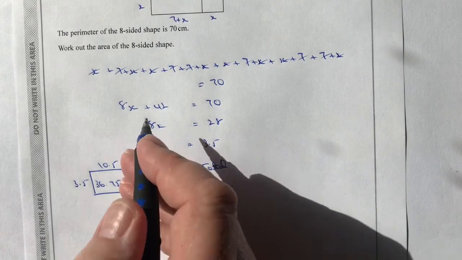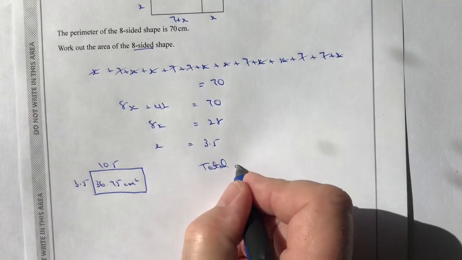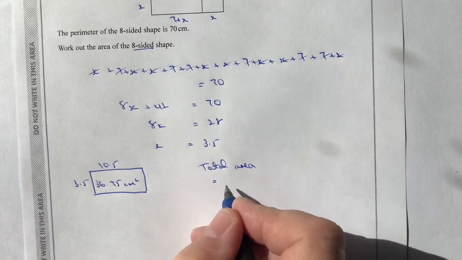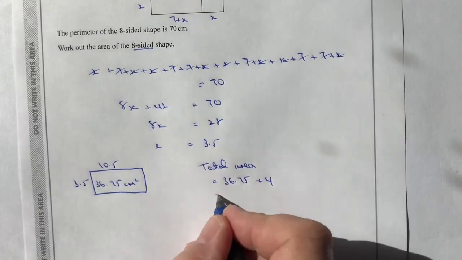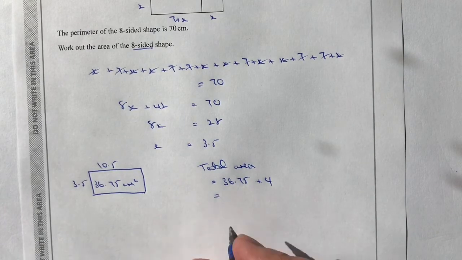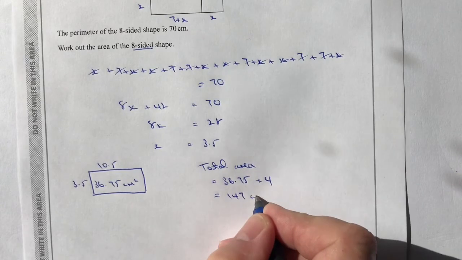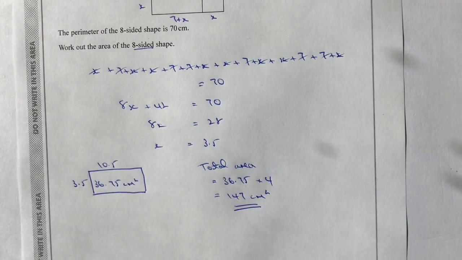It's the area of the 8-sided shape, I do beg your pardon. So the total area is going to be equal to 36.75, and there's 4 of them all together, so that's going to give you a total area of 147 centimeters squared, and that would be the answer to this particular question.